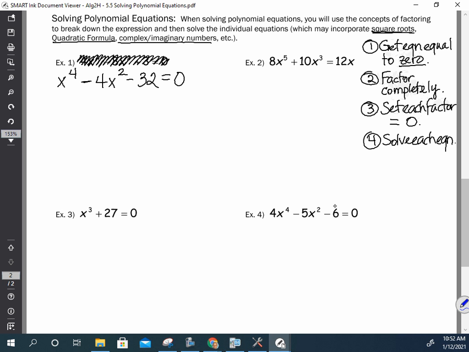So I want you to pay attention to the 4. That 4, the biggest exponent, is 4. Remember, the biggest exponent has a special name. It's called the degree.